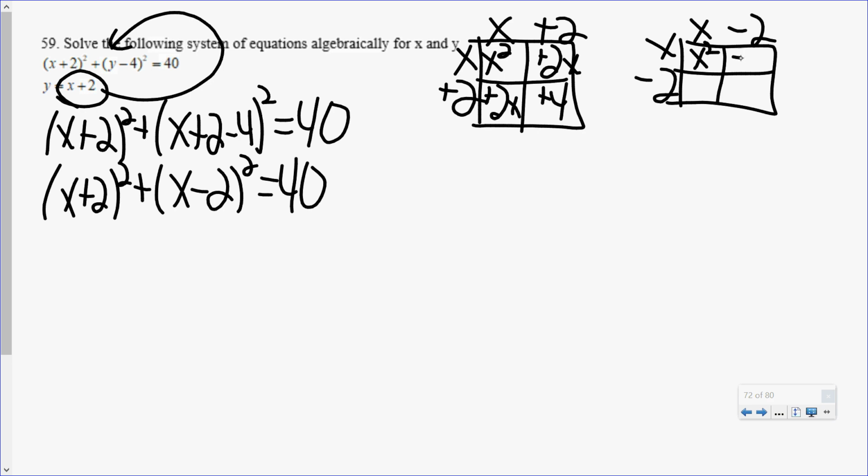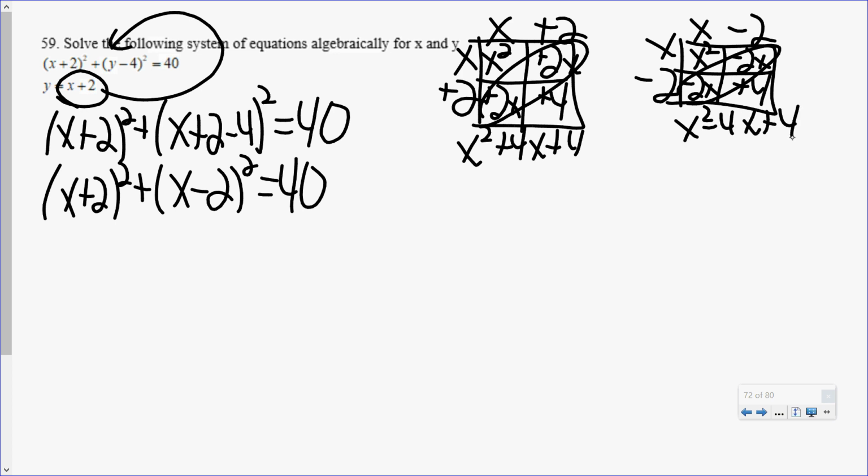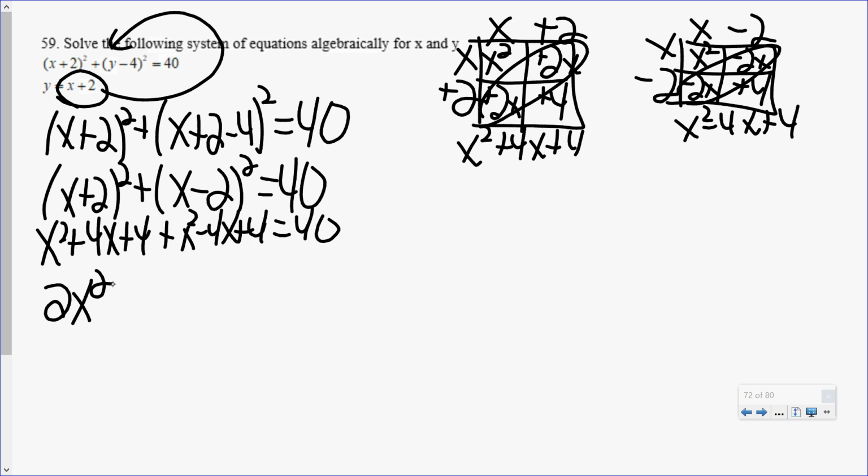X squared minus 2x minus 2x plus 4. x squared plus 4x plus 4, x squared minus 4x plus 4. So it's x squared plus 4x plus 4 plus x squared minus 4x plus 4 equals 40. Combine like terms, 2x squared, positive 4x and negative 4x cancel, 4 and 4 is 8.